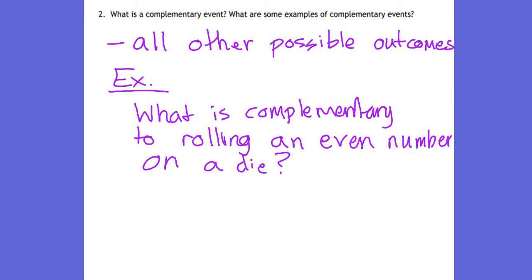What's a die? Die is just one dice. Dice is plural. Die is singular. So, what is complementary to landing on an even number? Landing on an uneven number. An odd number is what we call those numbers.